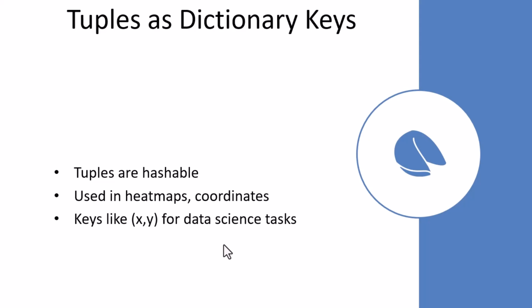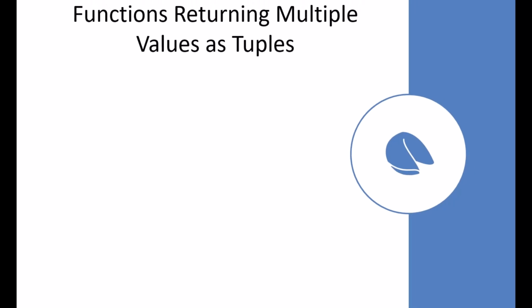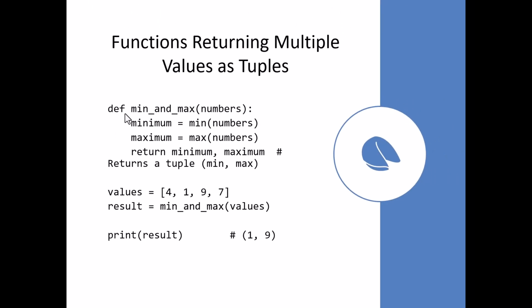They are very useful for data science tasks, used in heat maps and coordinates. Now finally, we'll have a min-max function and pass a list to it. When I print the result, the minimum and maximum computed are 1 and 9. And here we are printing the type, which will show class tuple.